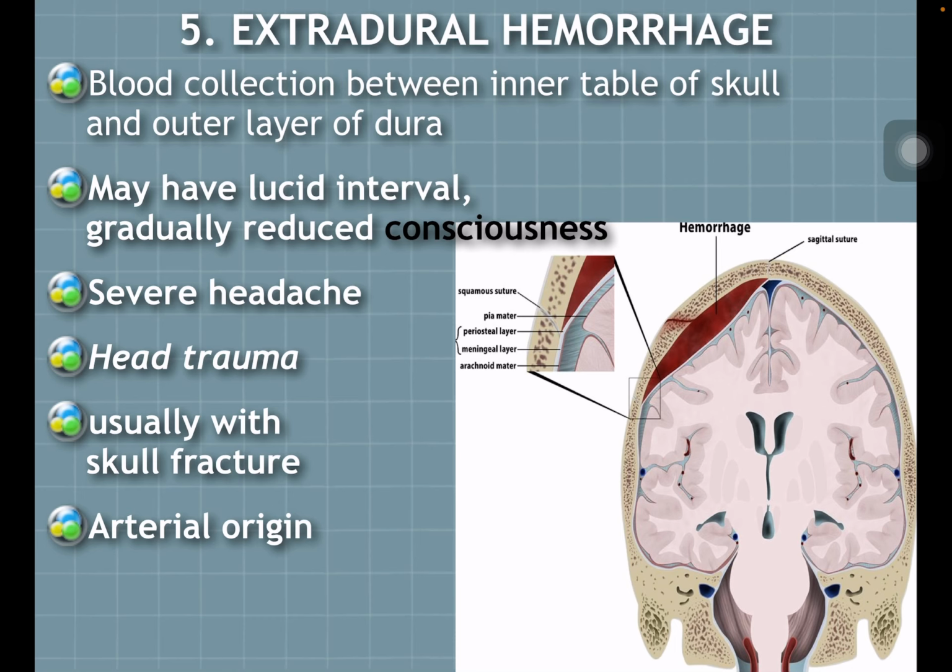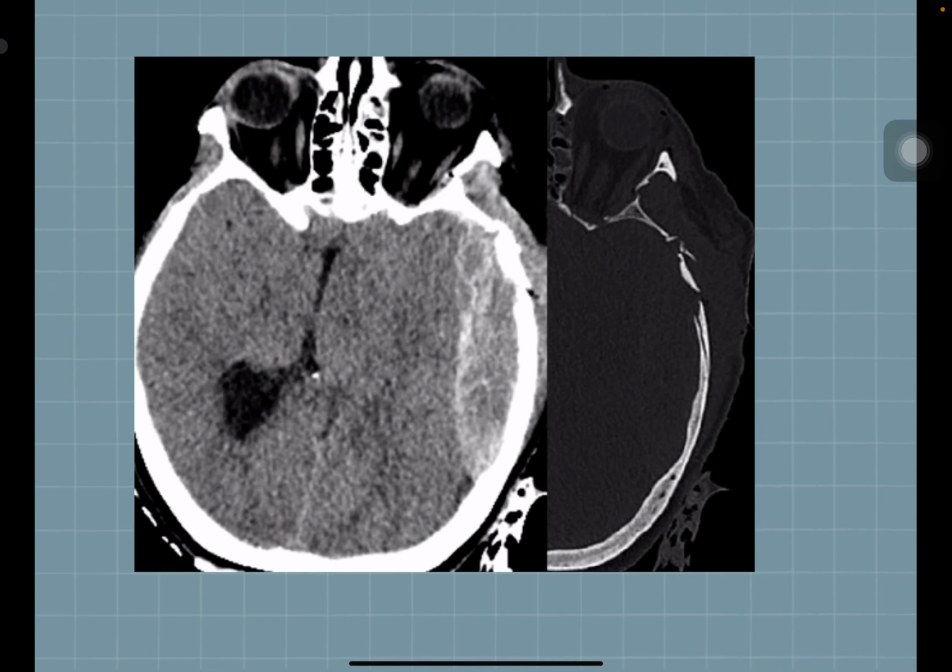So the extradural hemorrhage is shaped like a lens. It can extend but does not cross the suture, lentiform in shape. So here is an example of a left frontal extradural hemorrhage with adjacent skull fracture in this bone window.